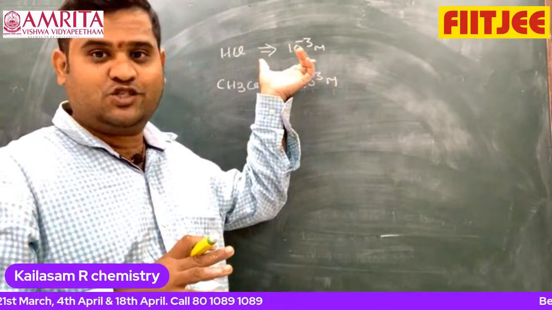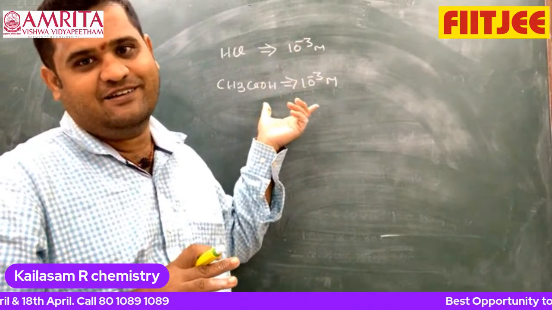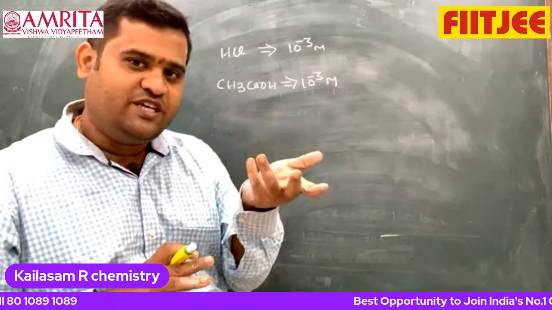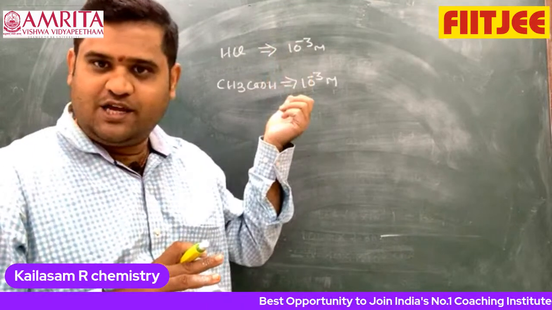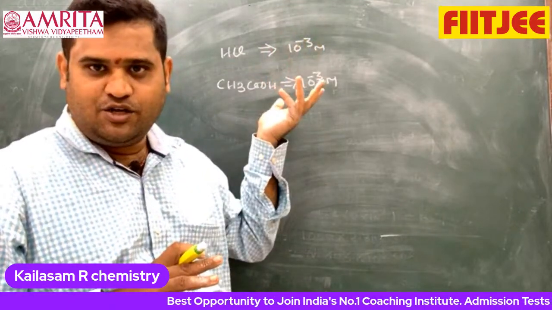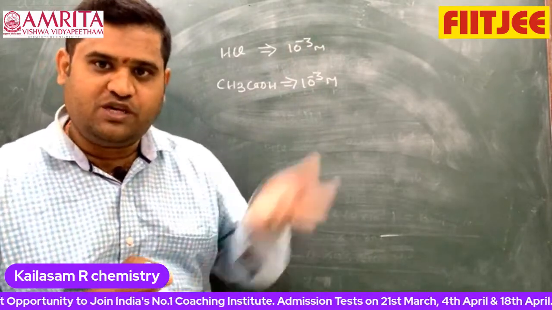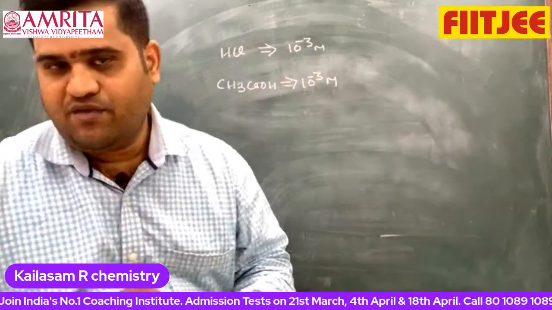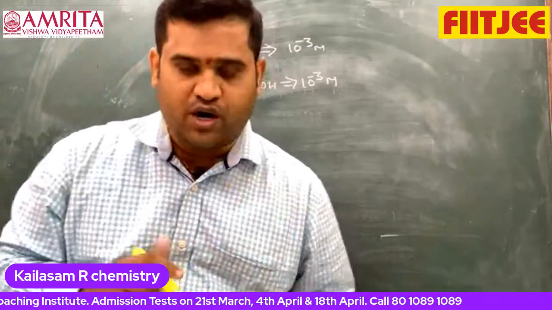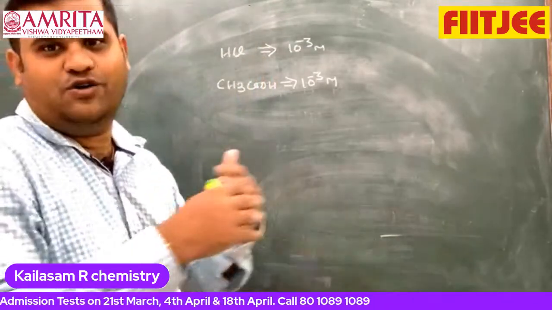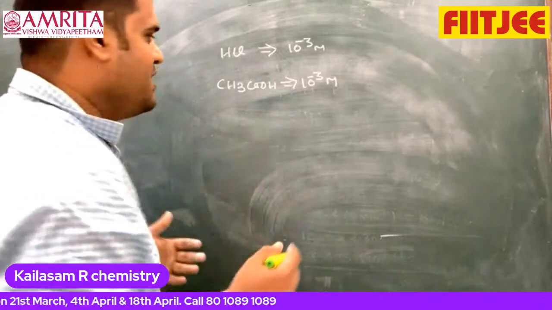Because hydrochloric acid is a strong acid. This is a weak acid. So a weak acid never dissociates completely. Therefore, we cannot say that both have the same concentration. So we cannot conclude that both have the same pH, because acetic acid is a weak acid. Now we want to find out the derivation. Look at this.